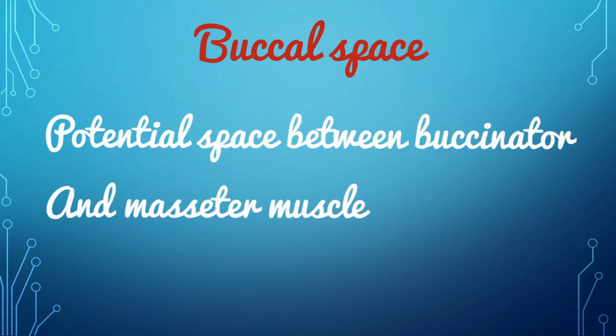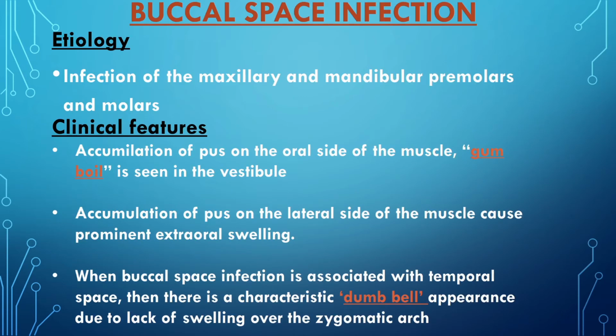The buccal space is a potential space between the buccinator and the masseter muscle. Infection of the maxillary and mandibular premolars and molars can cause buccal space infection. The clinical features include, when the pus accumulates on the oral side of the muscle, a gum boil seen in the vestibule.